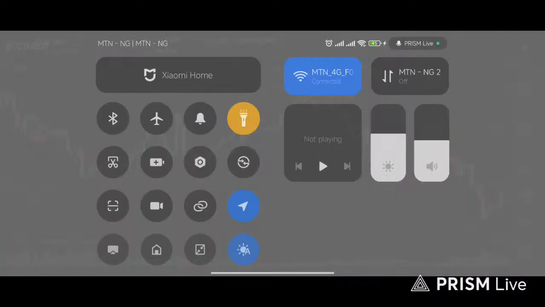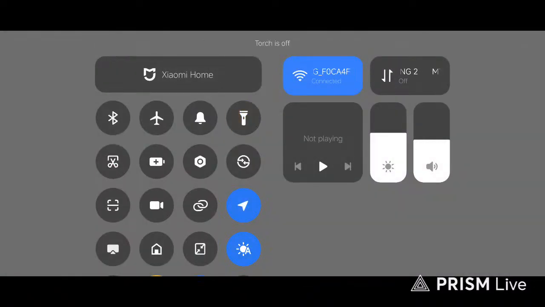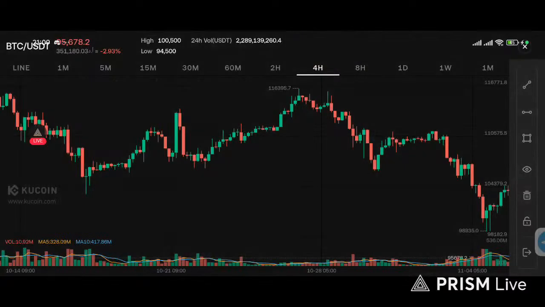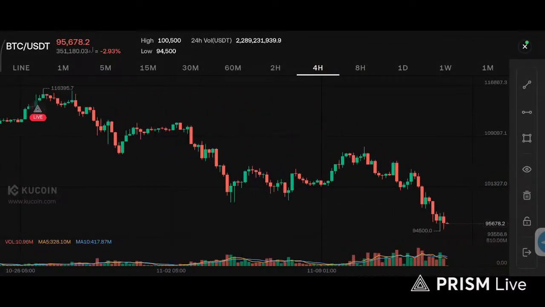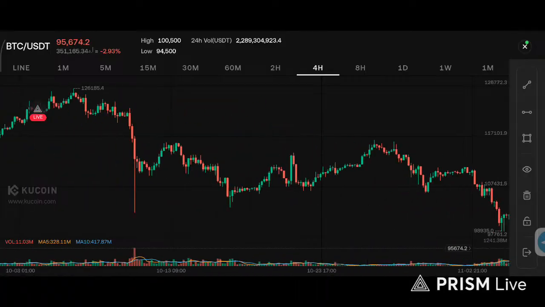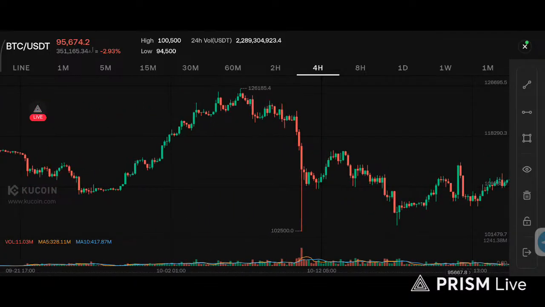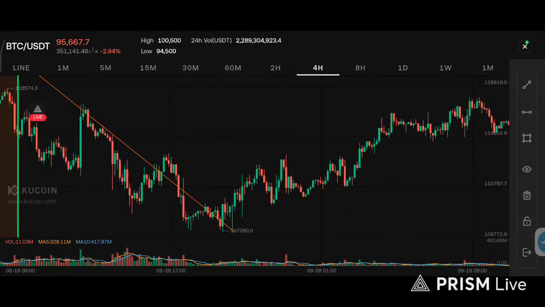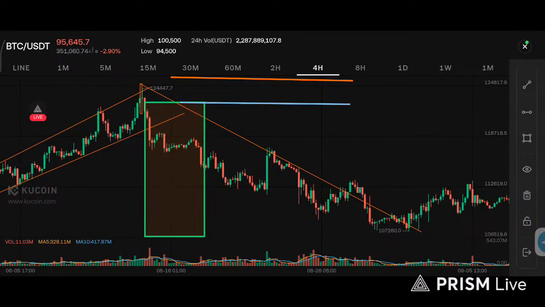The candlestick is the language of the market. Imagine staying in your own country without understanding the language your country is speaking. It's kind of weird. So candlestick patterns enable you to understand the language of the market.